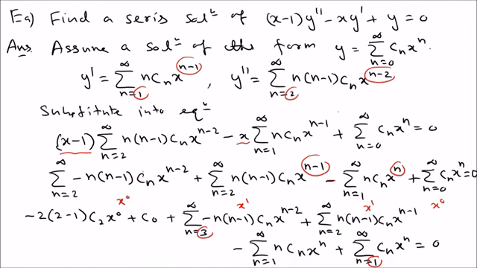Now we're gonna use the seesaw method. We're gonna reindex and see whether we can bring everything into one common index. That's very easy to do. So let's look at the terms now. You can see we need to bring it to x to the n if possible. So how to do that? We're gonna bring this one up by 1, this one down by 1.